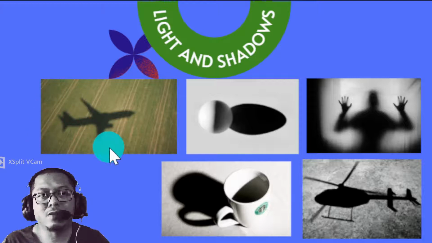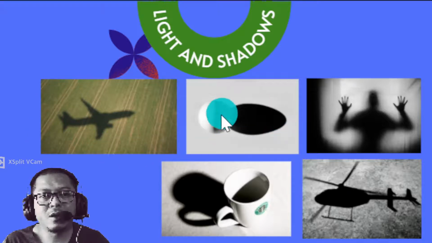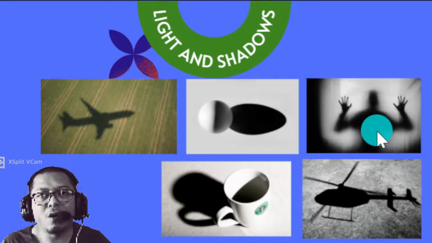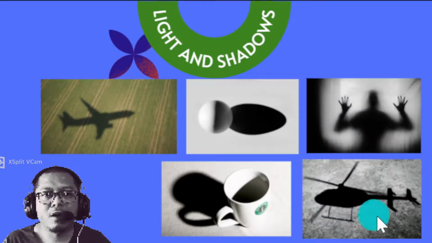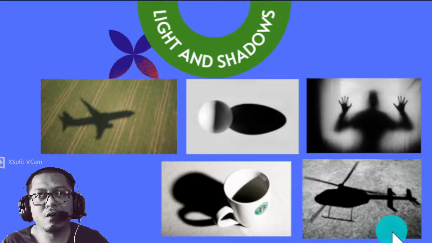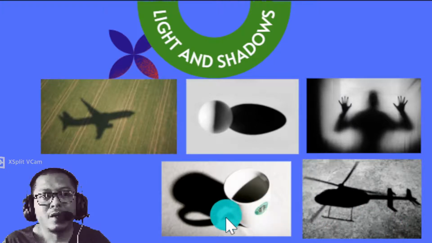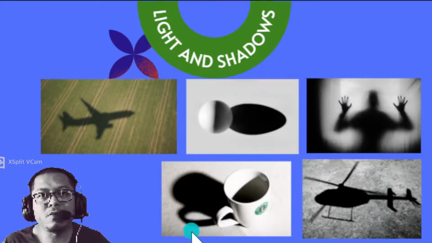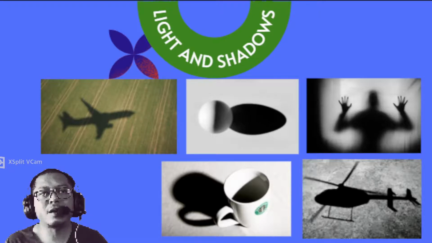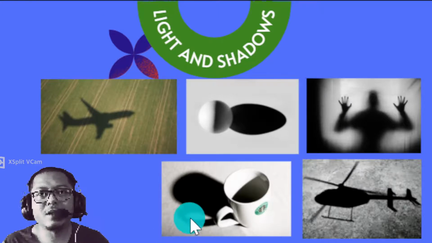We know this is an aeroplane, and this looks like an egg, and this is a shadow of a person. And here, this is a shadow of a helicopter and a shadow of a cup. And usually, like I said before, the shadow looks more or less the same as the object.